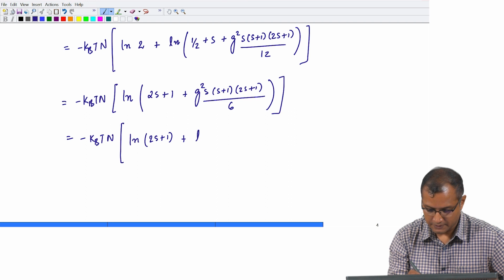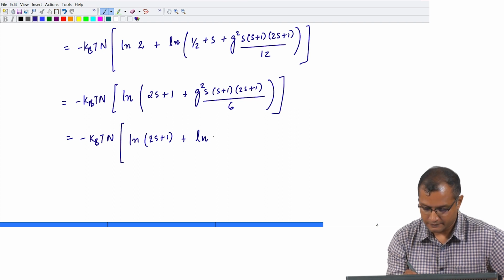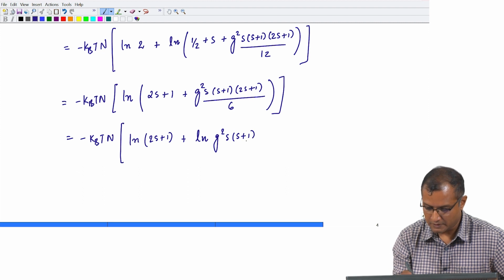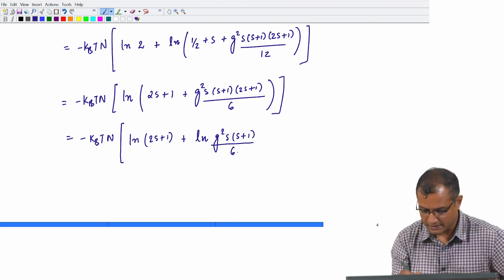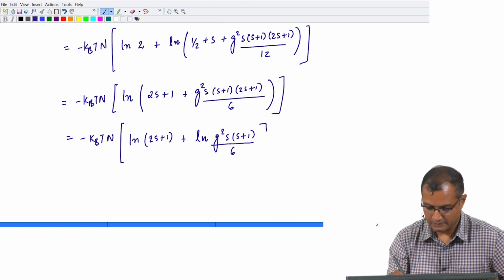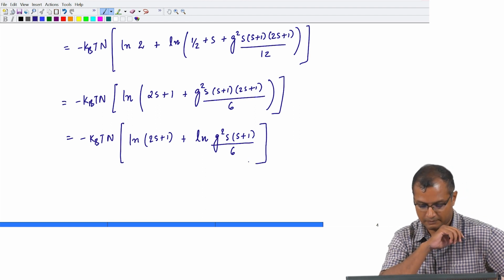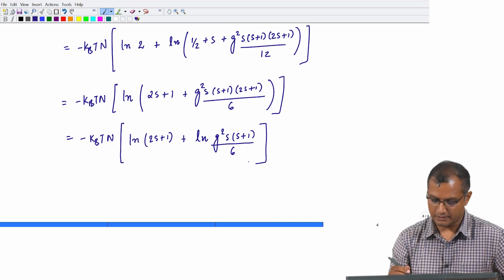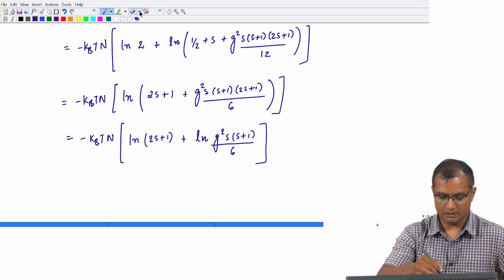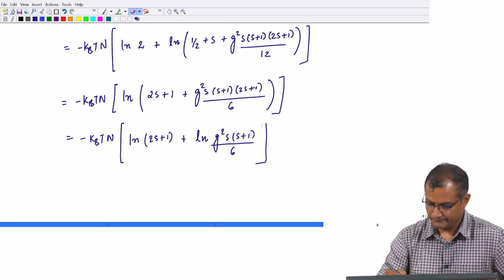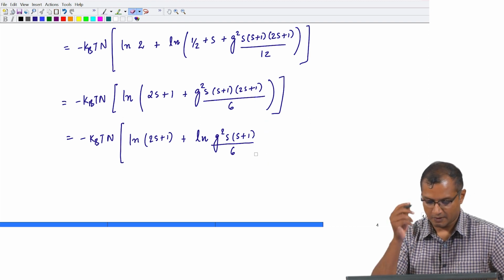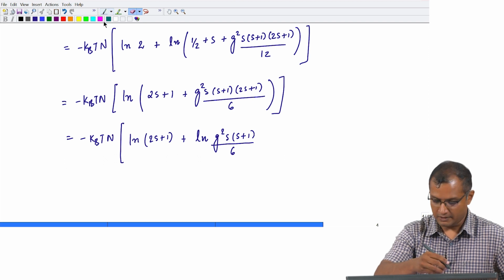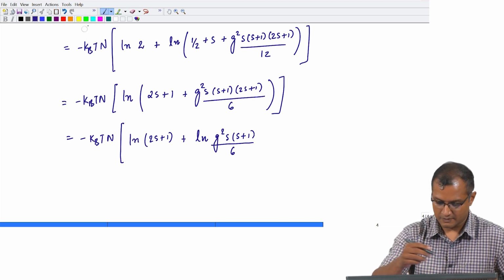plus ln of g square s into s plus 1 over 6. And there will be a factor of 1 that I have missed.